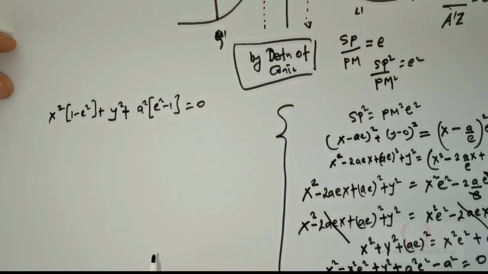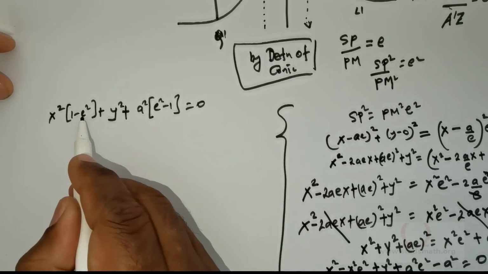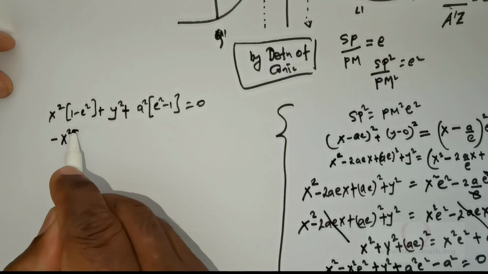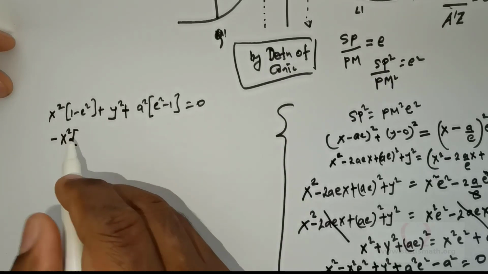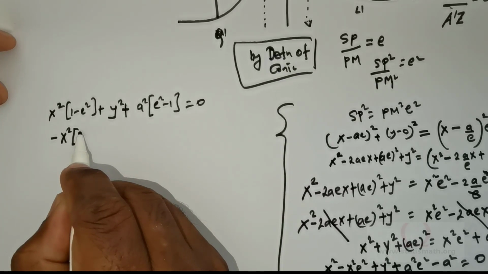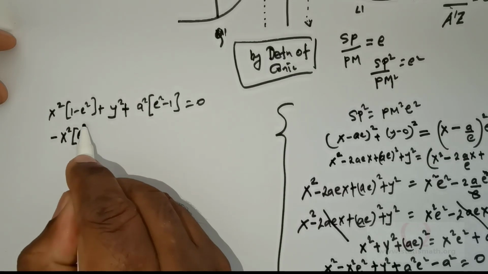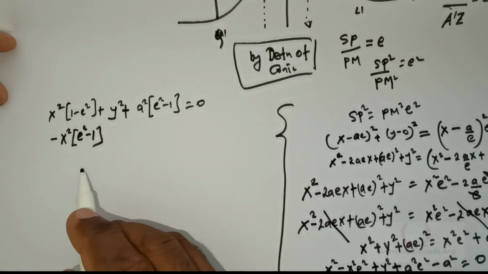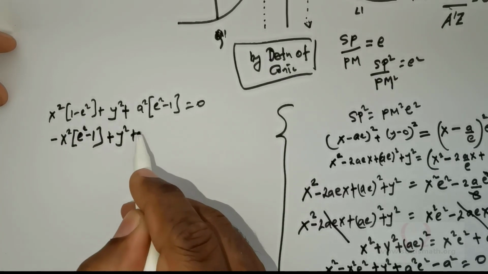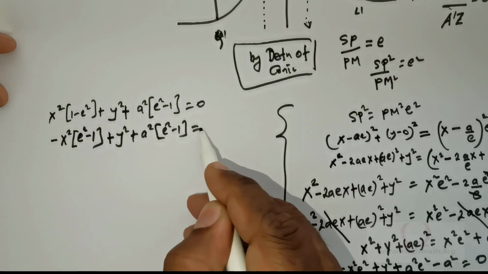I'm trying to make this term e squared minus 1, so if I do that, I will have a negative sign: negative of x squared. If I take this negative sign out, this is going to be e squared minus 1. That's better. So positive y squared plus a squared of e squared minus 1 is equal to 0.